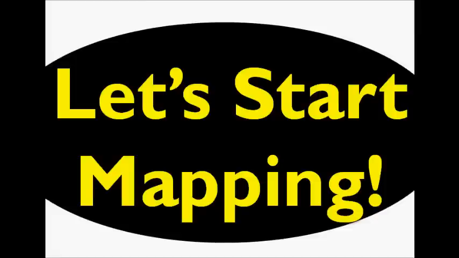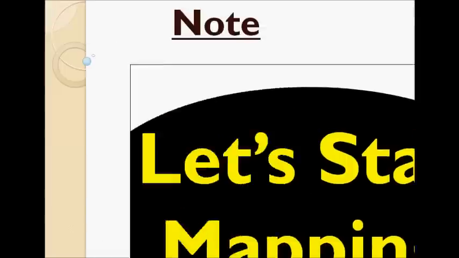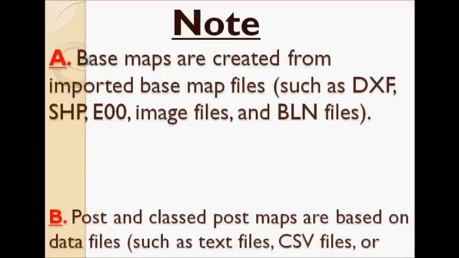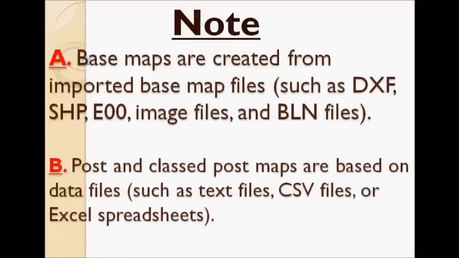Okay, before we start creating the maps, here are some points for you to note. Base maps are created from imported base map files such as DXF files, shape files, E00 files, image files, and blanking files, BLN files.